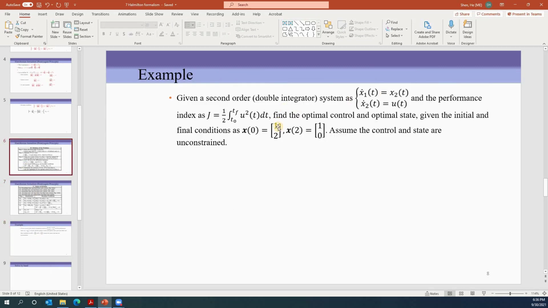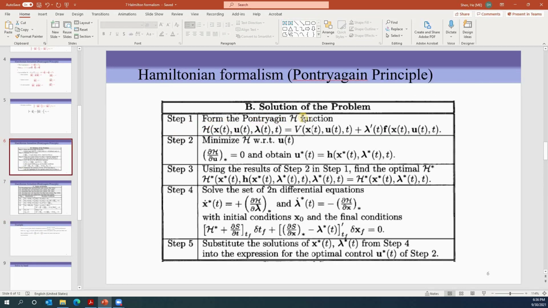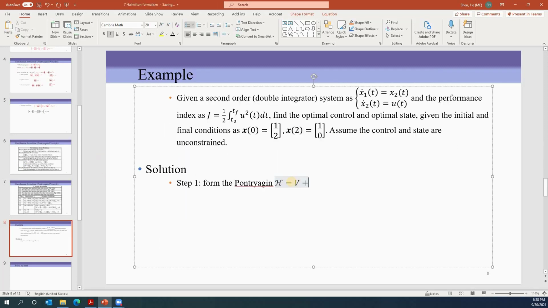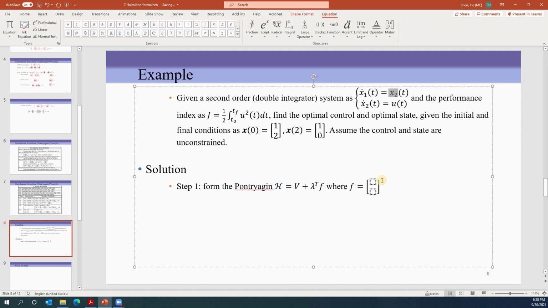And step 1 is to form the Pontryagin Hamiltonian function. So it's V plus lambda transpose times f. It's no longer the constant g. We do not need to write the dynamics in that form. f has 2 terms, right? The first row is x2(t), and the second row is u(t). x2(t) and u(t) are functions of t.